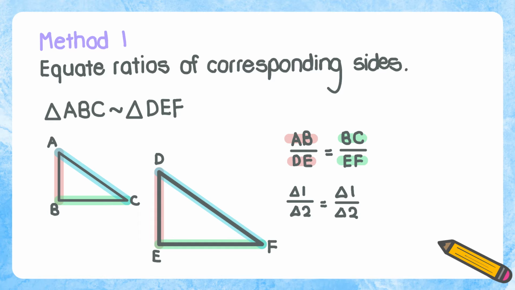On the left side, we have a corresponding side from triangle 1 over that corresponding side for triangle 2. On the right side, we have another pair of corresponding sides, one from triangle 1 over another from triangle 2. In this method, the pair of corresponding sides are on the same side of the equation. We're setting up ratios based on corresponding sides.